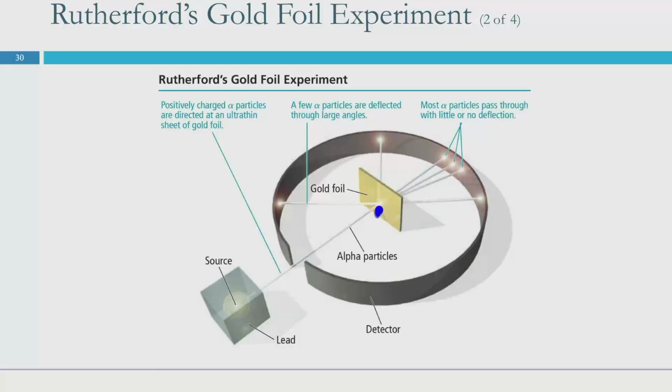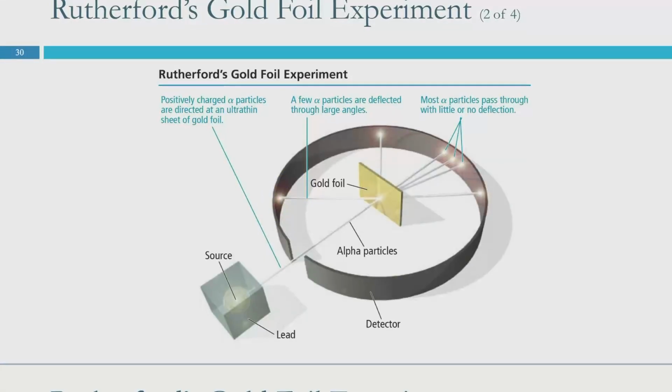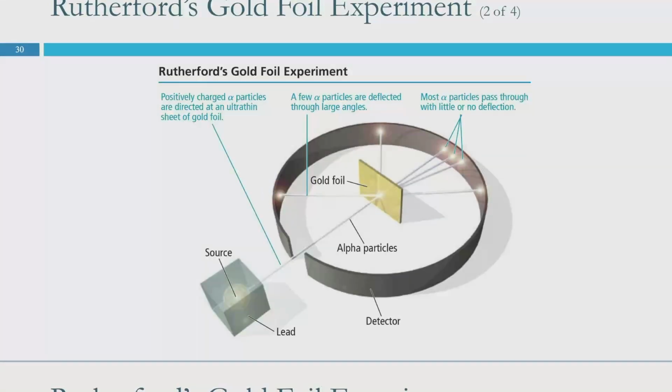However, some of them get deflected off to the side, which would indicate that they hit something because these particles travel in straight lines. Some of them even bounced back, essentially. So they hit something and then bounced basically a 180 ricochet and hit the detector way back here. So that is not good news for our plum pudding model.